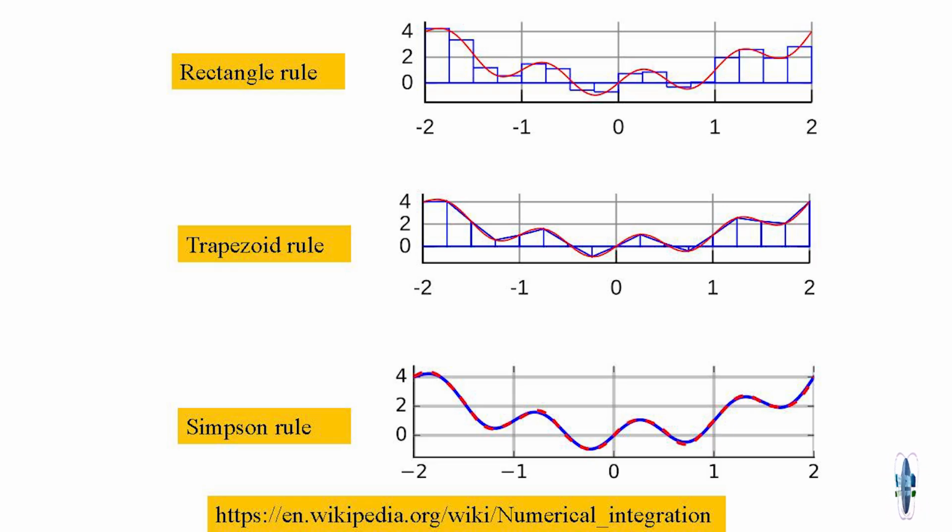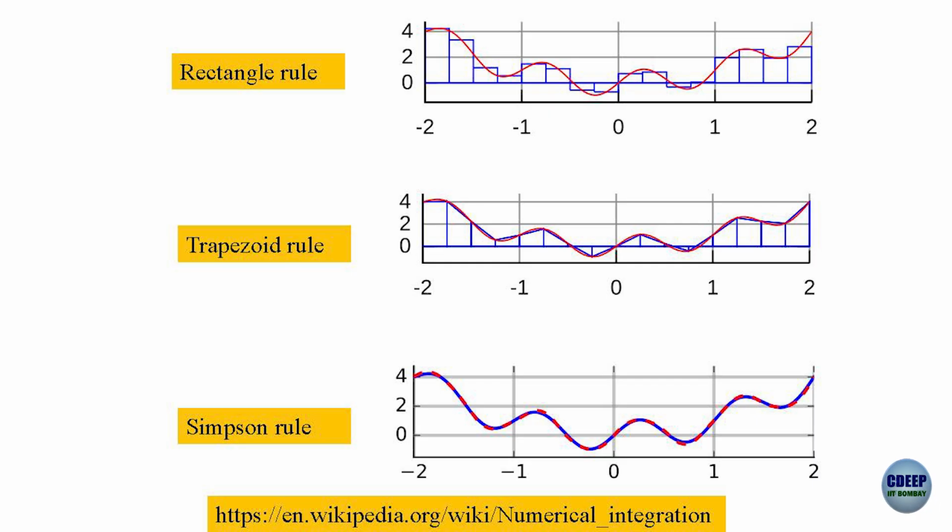If you could do constant and linear, you can obviously do quadratic also, cubic also, whatever curve you want. You get the basic drift. So, next you did a quadratic curve. That is what led you to Simpson's rule. So, quadratic curve approximation, you can see here rectangular rule, trapezoidal rule, Simpson's rule.